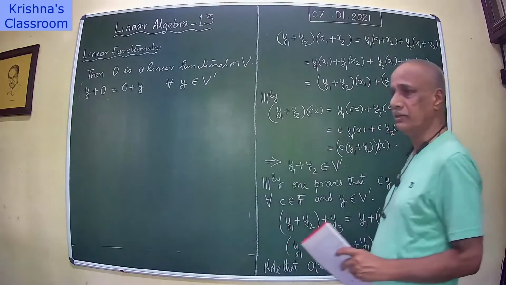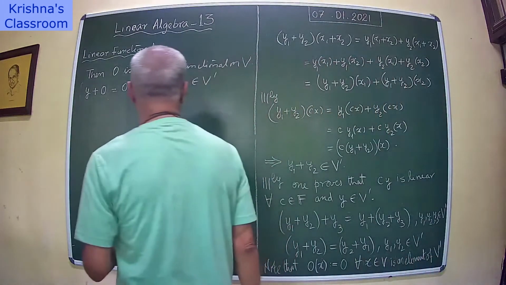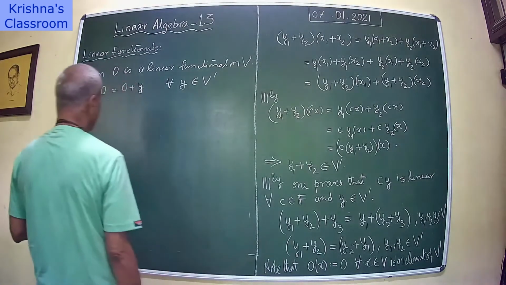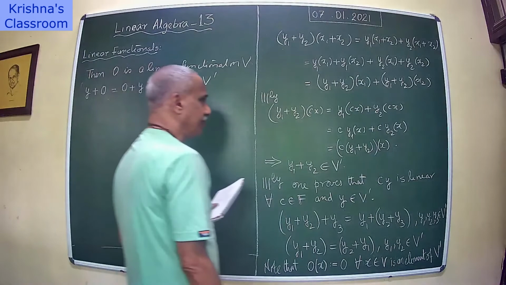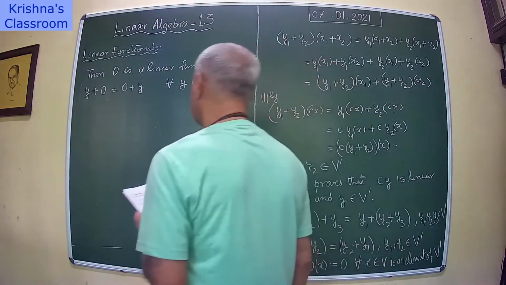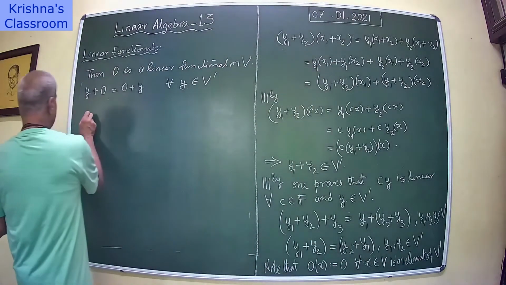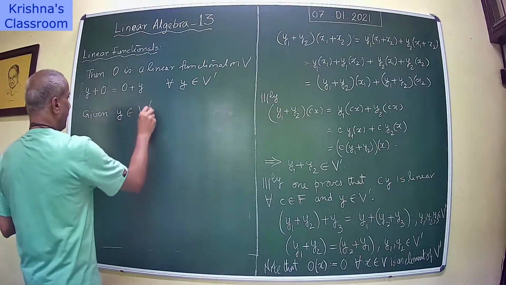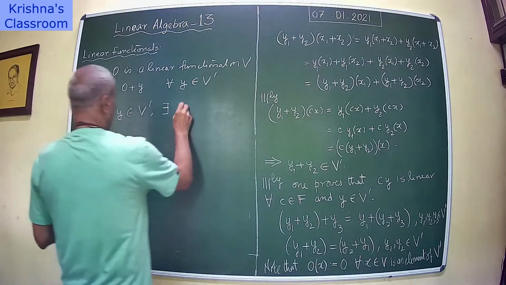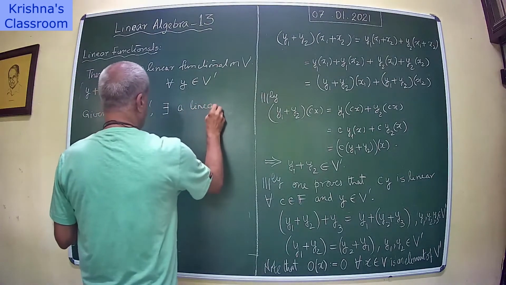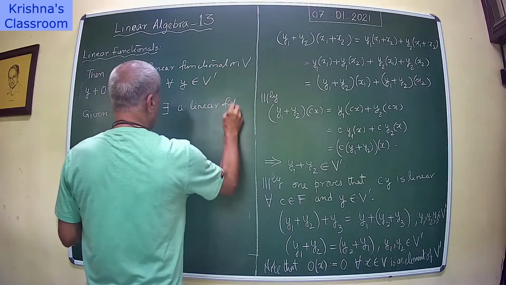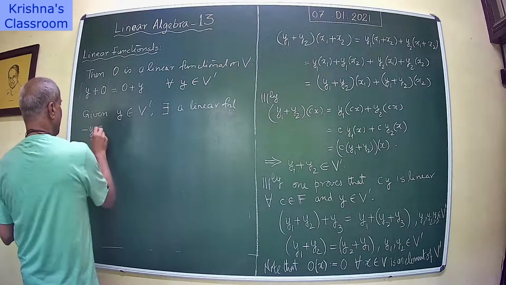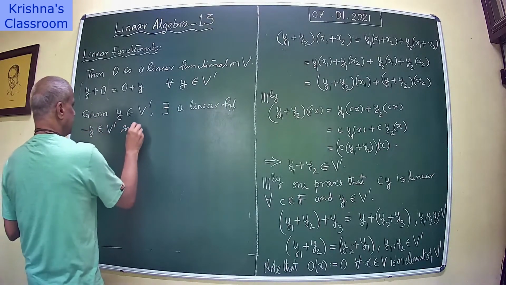Again, verify it on arbitrary x belonging to V. Okay, so that's the method, and that's trivial to verify. Use the definition of 0. Now, given y belonging to V prime, there exists a linear function minus y belonging to V prime such that y plus minus y equals 0.